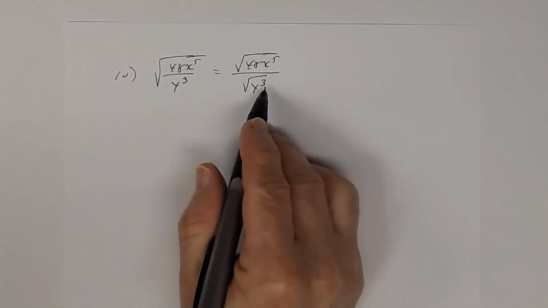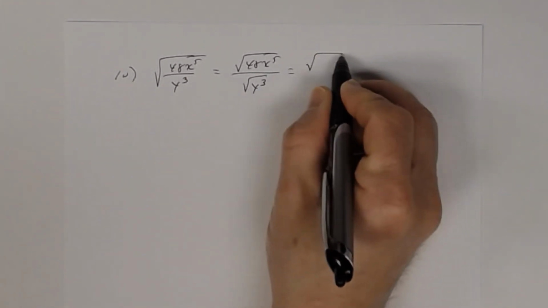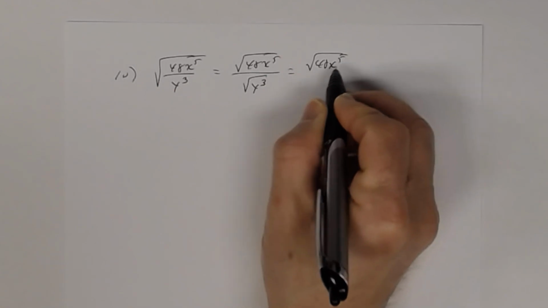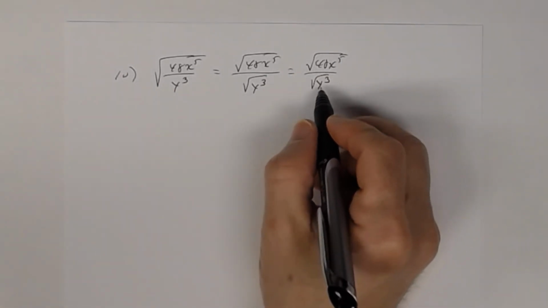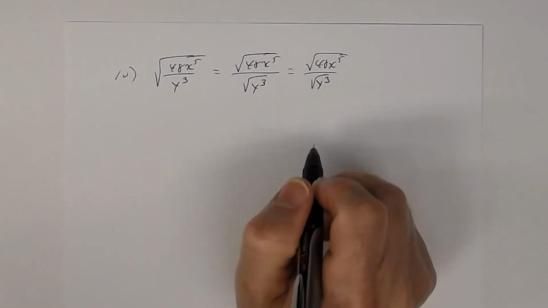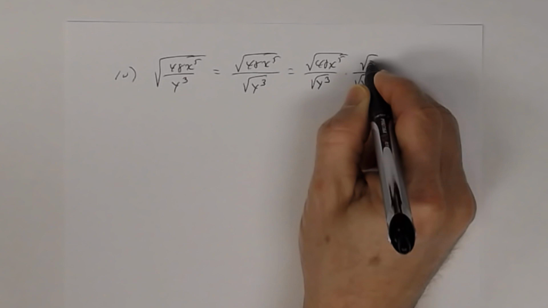So let's think about that. What could I multiply the square root of y to the 3rd by, so that this is the square root of y to the 4th? Okay, right, so the square root of y. That's what you would do.